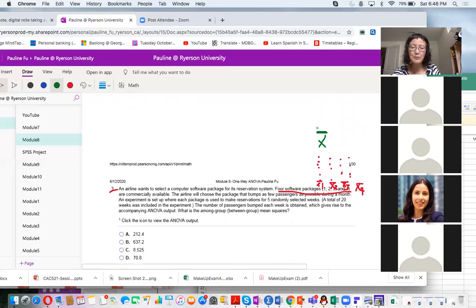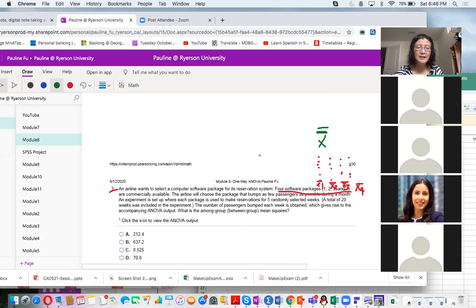So X double bar means total average for all data. X1 bar is just the average for group 1. X2 bar is the average for group 2, but X double bar is the average of all this data here. Okay, so we cleared up X1 bar, X2 bar, and X double bar.